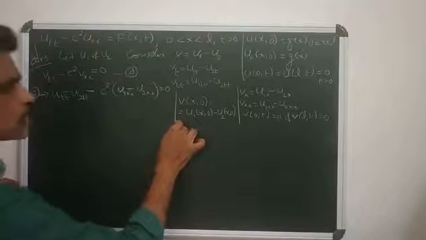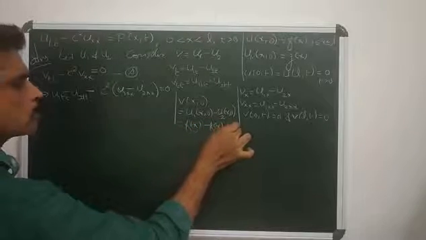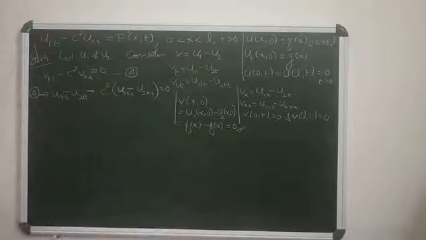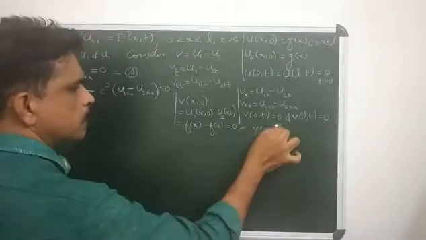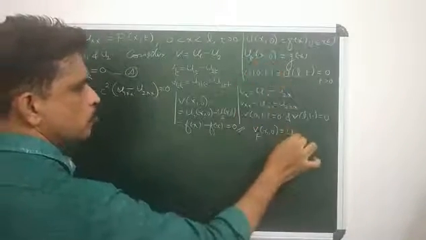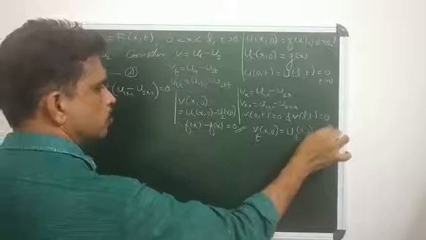So here u1(x,0) is f(x) and u2(x,0) is also f(x), so the difference equals 0. v(x,0) equals 0. What is v_t(x,0)? v_t(x,0) means it is u1_t(x,0) minus u2_t(x,0).